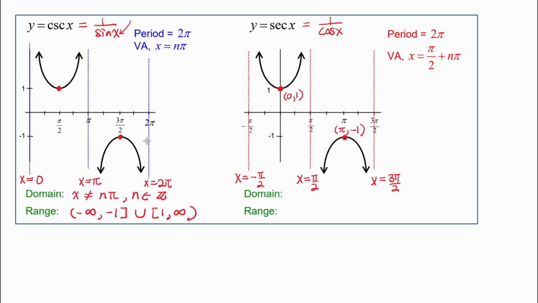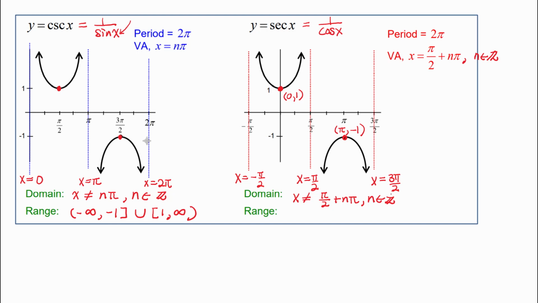So you can see the first non-negative vertical asymptote is x equals pi over 2. So we say vertical asymptotes occur at x equals pi over 2 plus n pi, where n is an element of integers. So therefore the domain will be x not equal to those values of vertical asymptotes, which is pi over 2 plus n pi, where n is an element of integers.